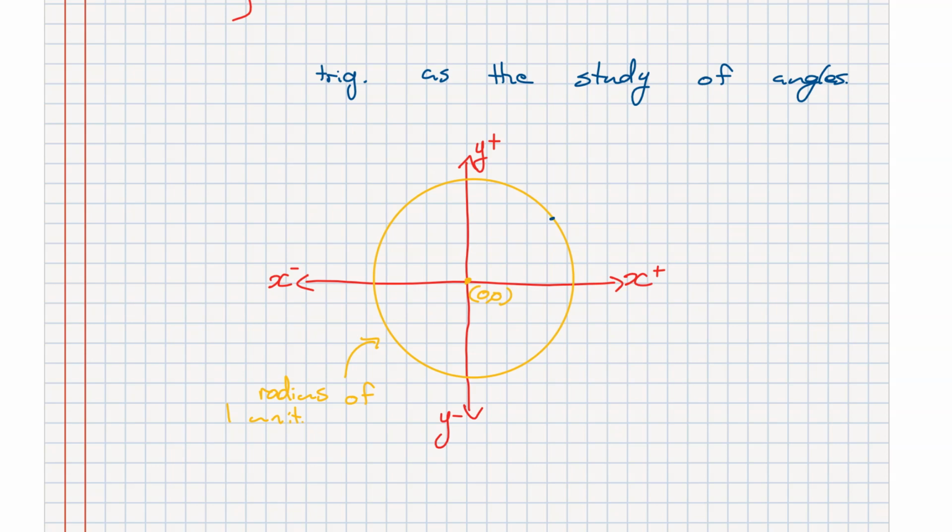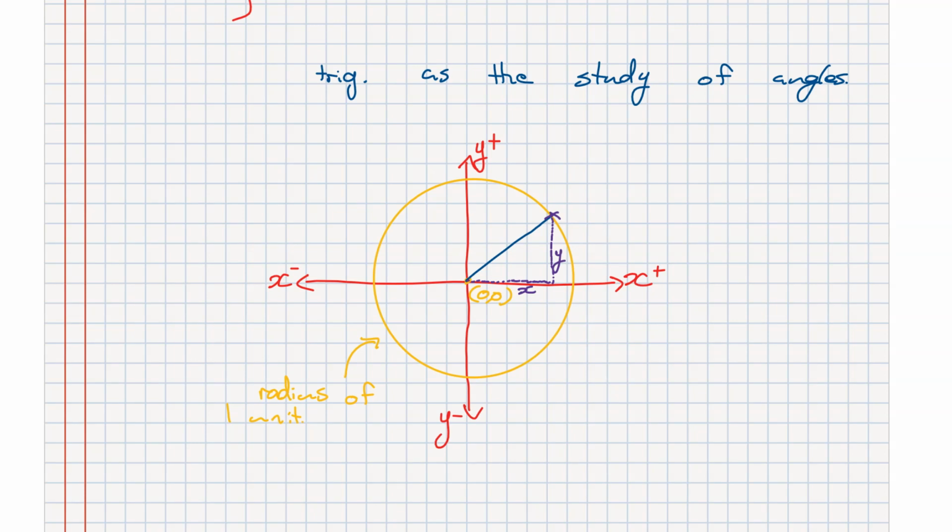Now consider if I've got a point along my unit circle. Let's say there's a point up there. I'm going to draw a line to my point, and then draw it such that the line drops down and then moves across. So we can see that this point on the circle has a horizontal component, or an x value, and a y value.